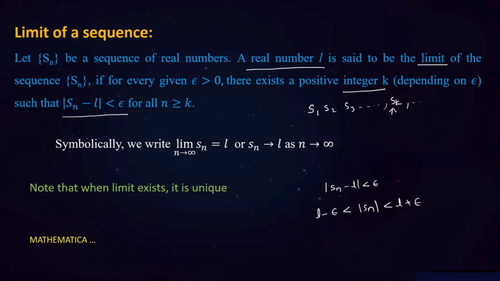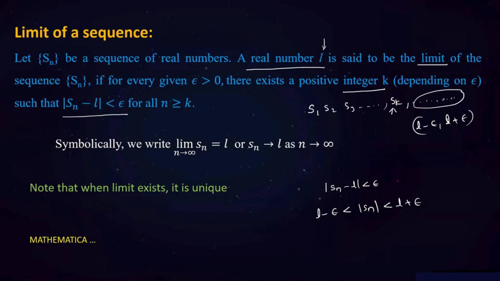All the numbers you get after this Sk, if all these numbers are in between this interval, L minus epsilon comma L plus epsilon, right? If after this kth term all the numbers in the sequence lie within this interval, then we say that the sequence has a limit, and that is L.